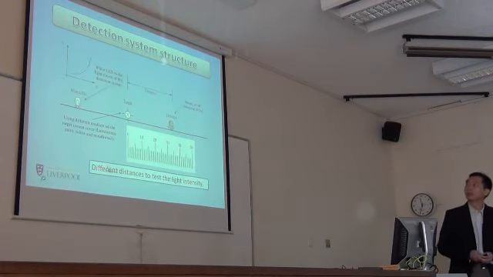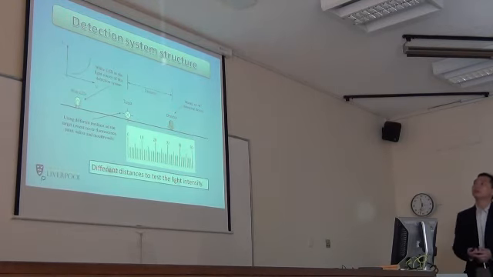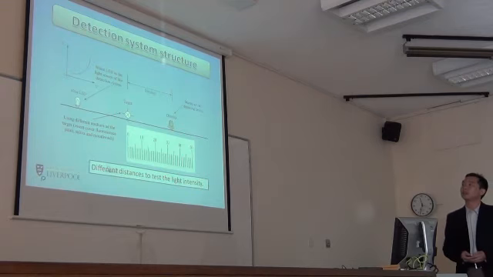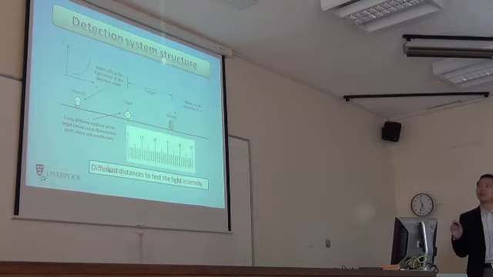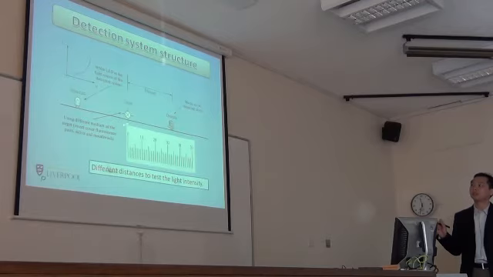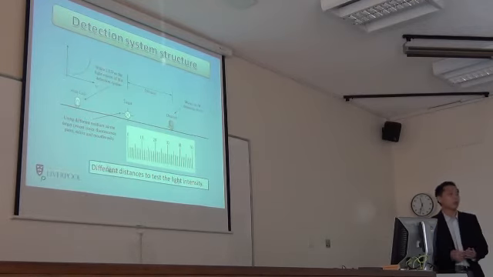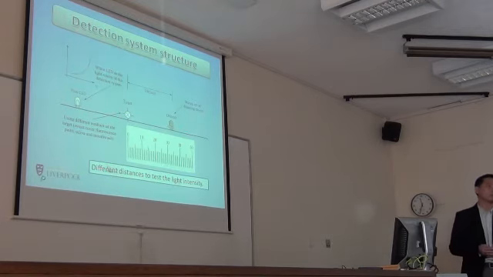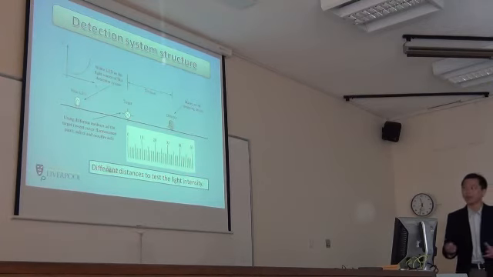So this is the structure of my detection system. You can see I use this approach to change the distance from 1 centimeter to 4 centimeters and try to detect the target sample. In this project I use 4 materials as the target.